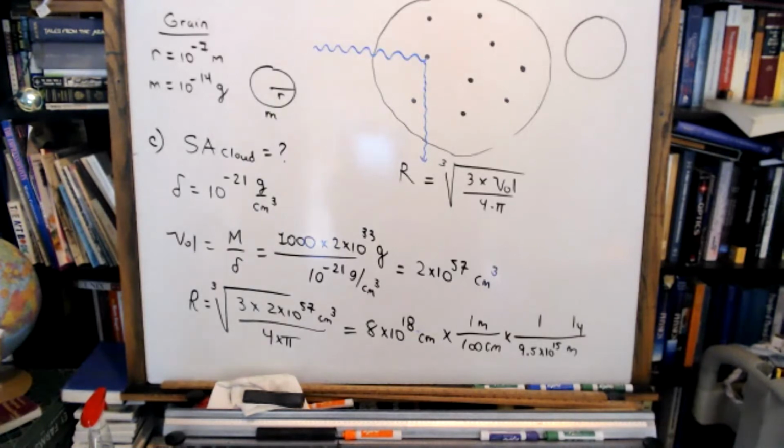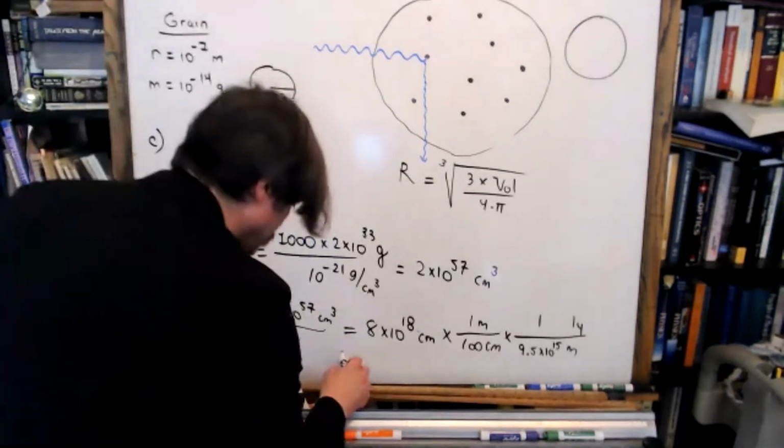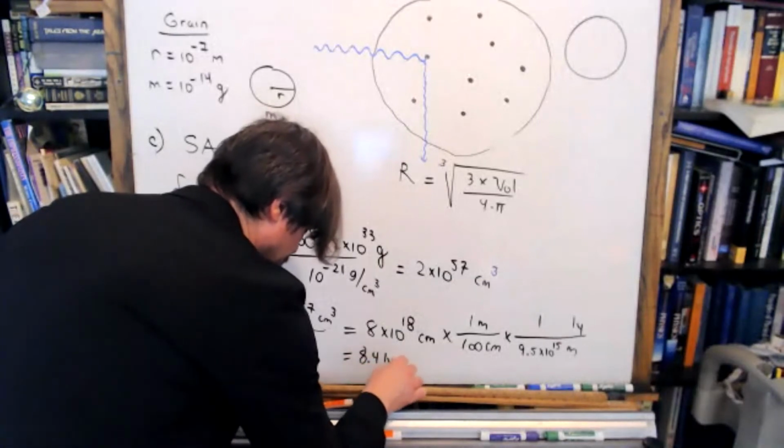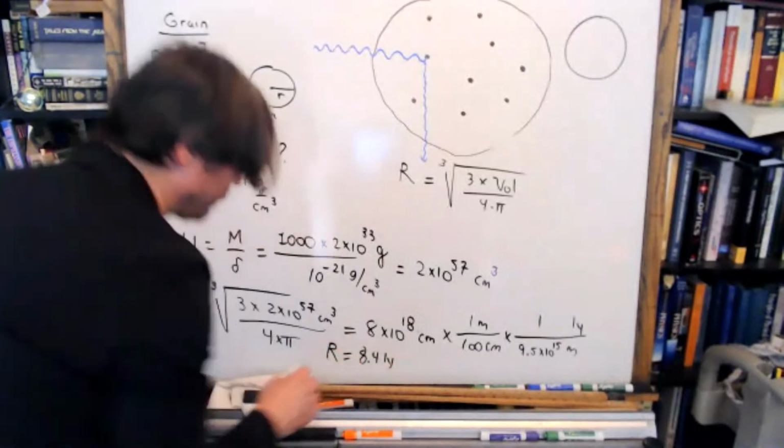So 8.4 light years. Now that's the radius of the cloud, right?